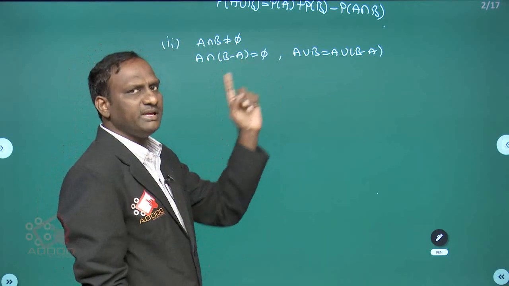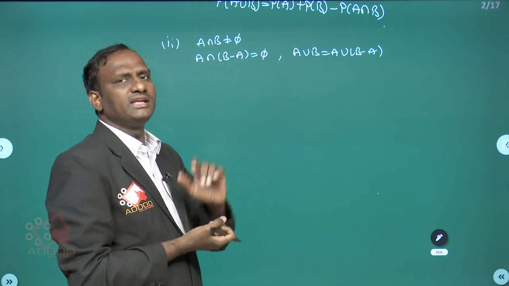Here I am taking A intersection B is not equal to empty, in the sense something is in common.